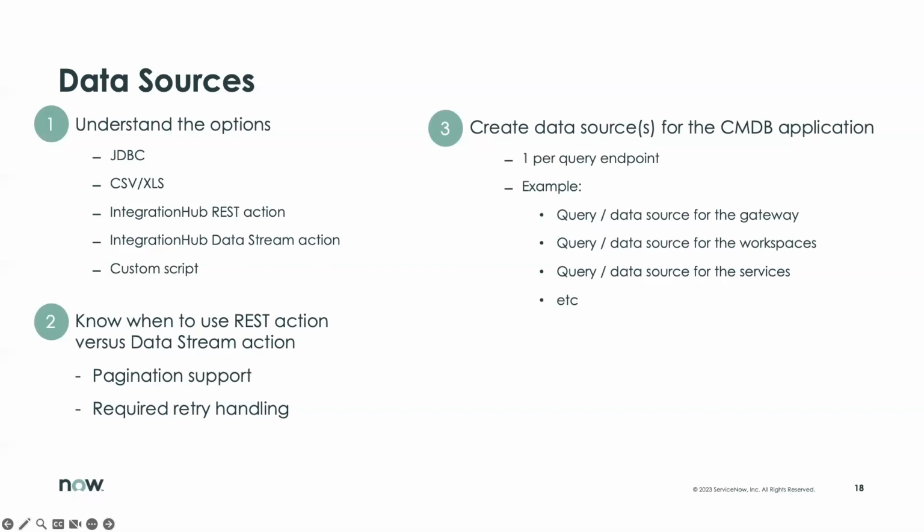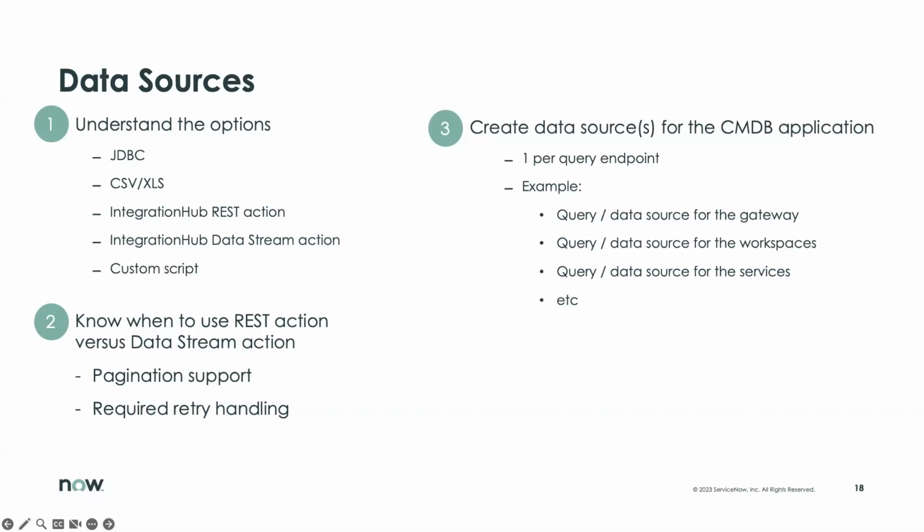The REST action is just going to make a single call out and return whatever response body it gets. So it may be subject to size limitations, like 5 megabytes, I believe, or things like that.